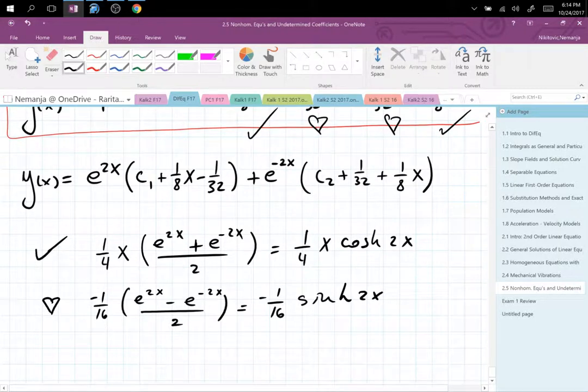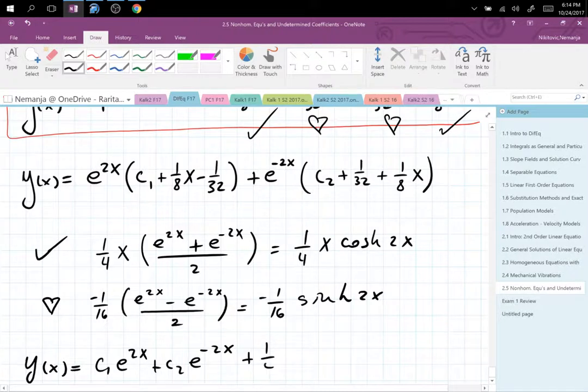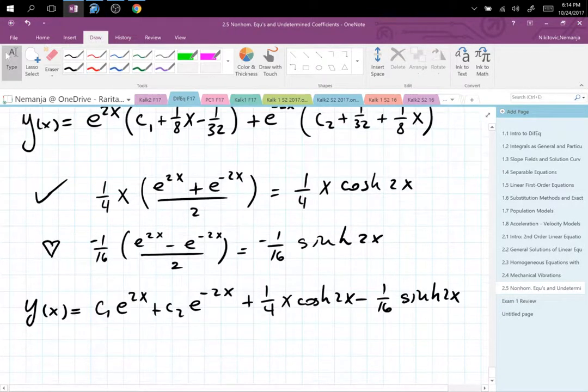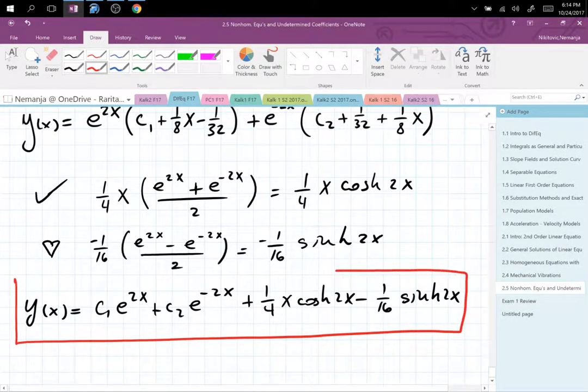So now, the solution in simplified form would be c1 e to the 2x plus c2 e to the negative 2x plus 1/4 x cosine hyperbolic 2x minus 1 over 16 sine hyperbolic 2x. There we go. And we'll put this one on the test as the final answer. Beautiful.